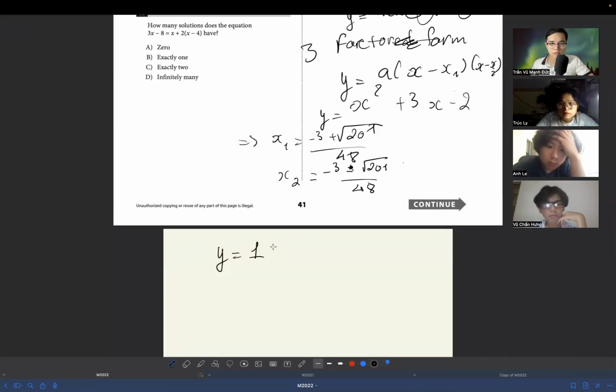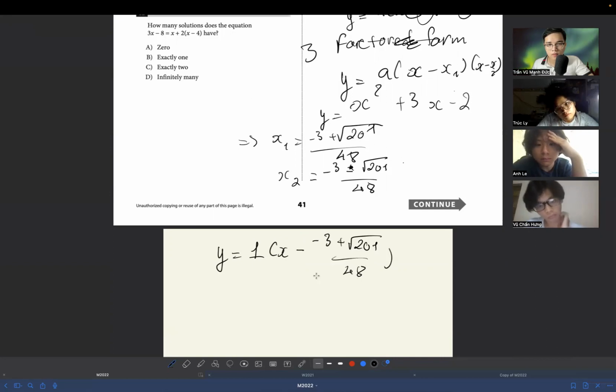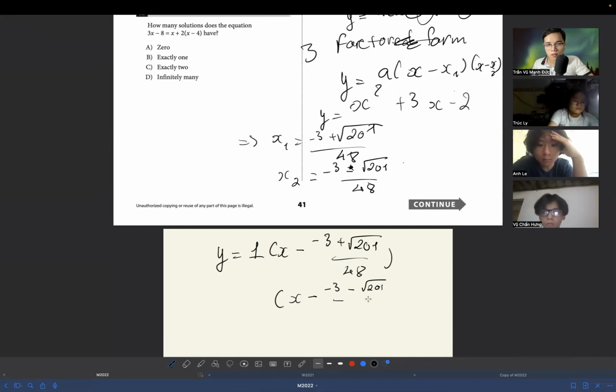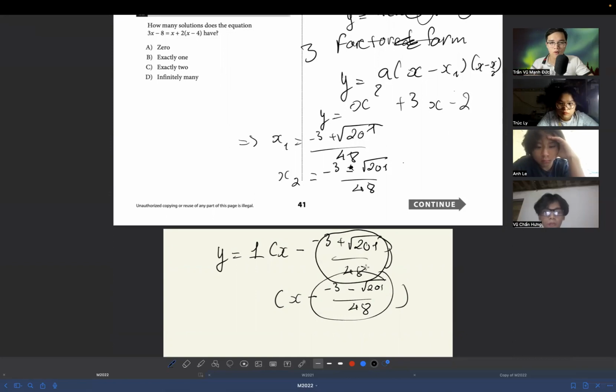Yes, exactly. So it is (x minus x1)(x minus x2) with those values. You can see that the solutions don't necessarily have to be whole numbers or integers.